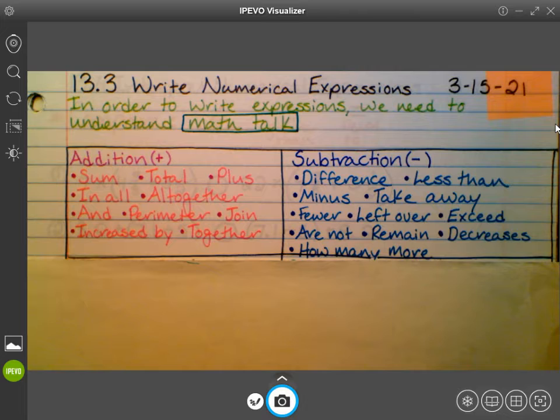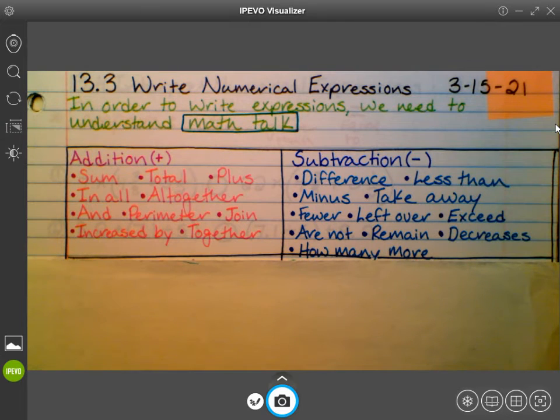So go ahead, give me a thumbs up when you have these down, and then I'm going to show you the next row, which is multiplication and division. So again, if I say math talk, I'm talking about terms or words we use in math that let us know what we're doing. All of these words and phrases you can think of as clues.